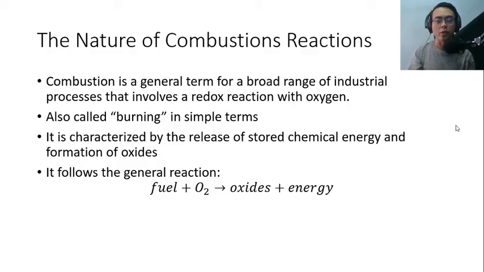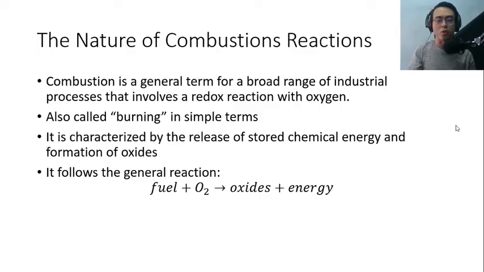That's why when you react a fuel with gaseous oxygen, you produce oxides and a lot of energy. Combustion is generally correlated with processes that require a large release of energy. It's called burning in simple terms. It's characterized by the release of stored chemical energy and the formation of oxides.